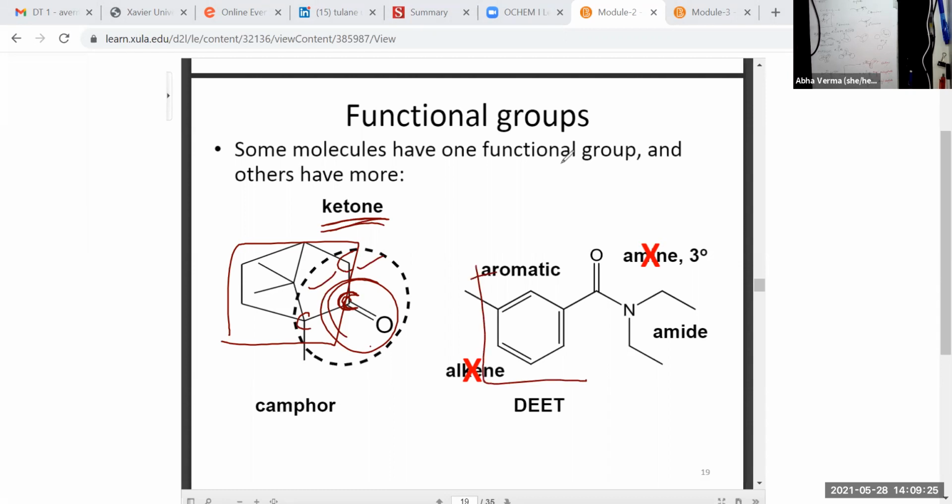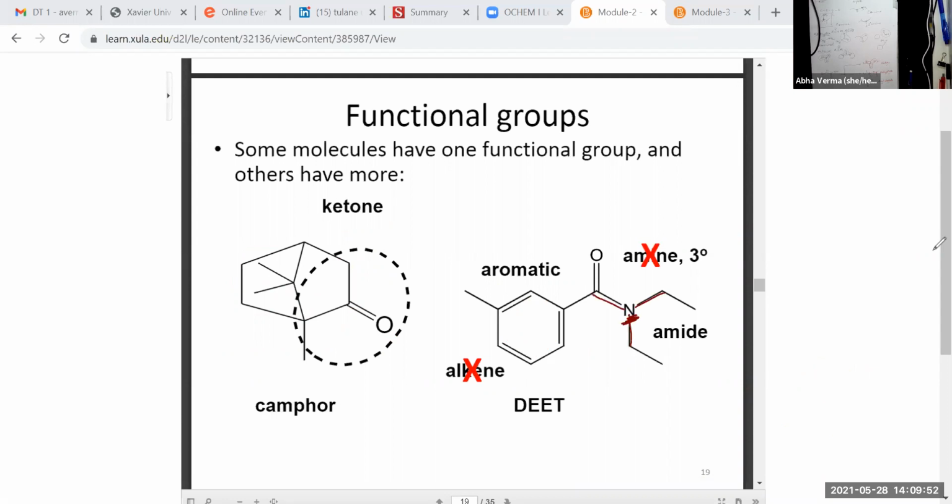If you look at this particular structure, remember there is an overall spread of electrons. So this overall spread of electrons is lending aromaticity to our structure. Remember, benzene is one of the only structures that you have to know as an aromatic structure. Now in this particular structure, you do have nitrogen, but look at all the carbons.